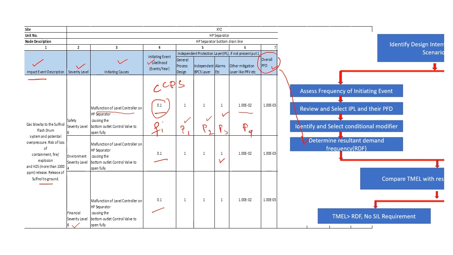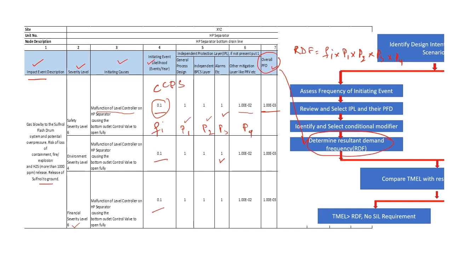So ultimately this resultant demand frequency, or overall PFD, will be RDF equals Fi into P1, P2, P3 into P4, and this comes out to 1E minus 3. So this portion is now done.